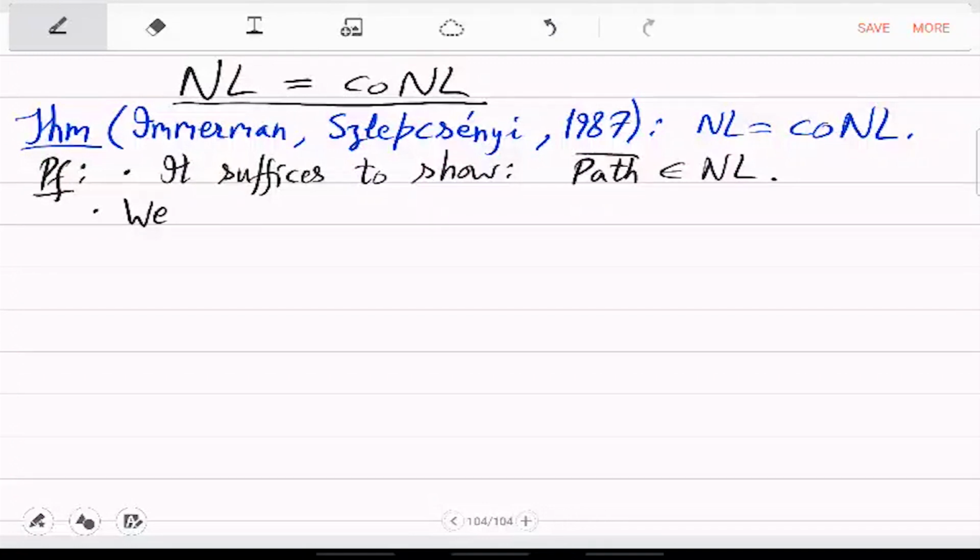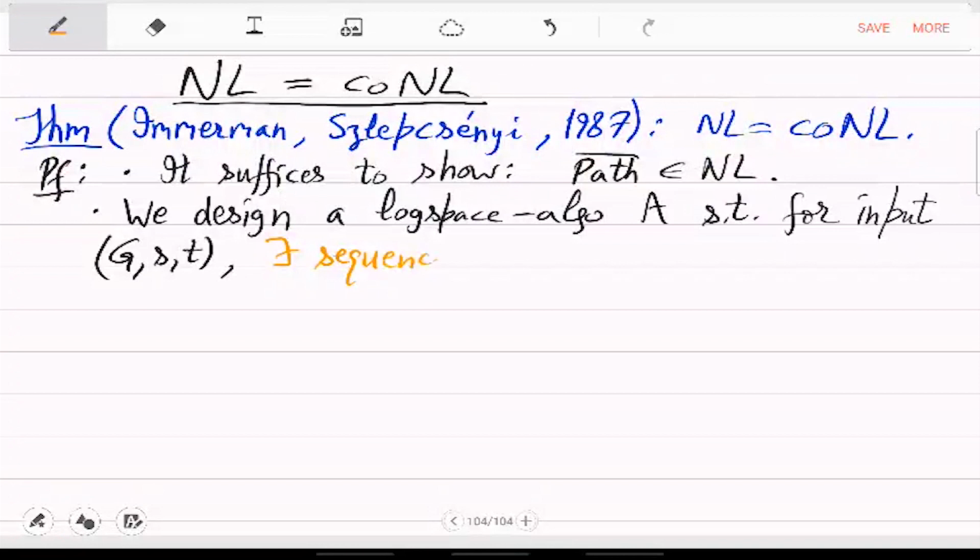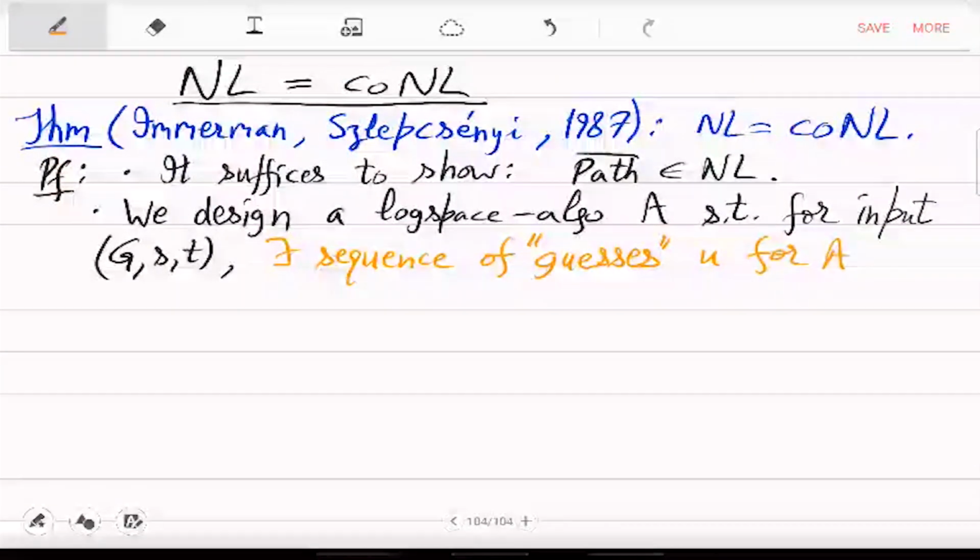So we design a log space algorithm A such that for input G comma S comma T, there is a sequence of guesses U for A such that A will accept.